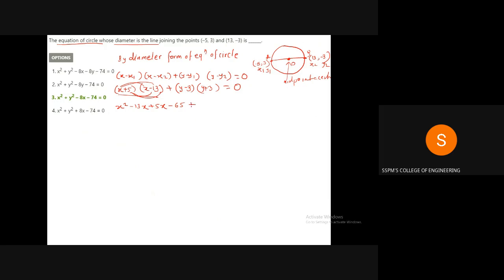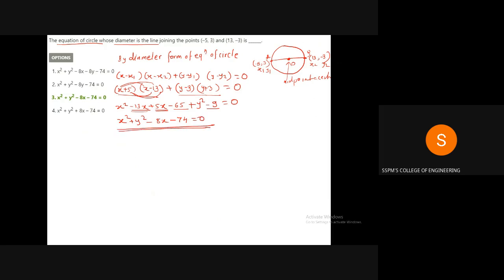Now we can use the a plus b, a minus b identity: y square minus 3 square, that is 9, is equal to 0. So the equation is x square plus y square, minus 13x plus 5x is minus 8x, and minus 65 minus 9 is minus 74, is equal to 0.